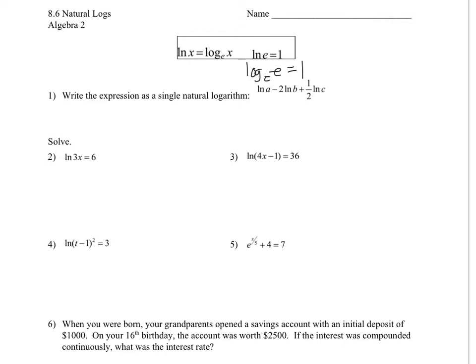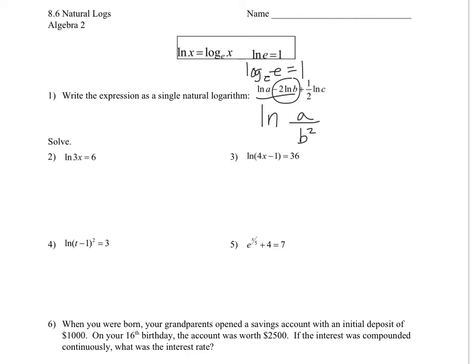So if you're going to write this as a single logarithm, this is the same thing as writing natural log of a is going to be your numerator because we're subtracting here, and b squared is going to be your denominator because there's a 2 out front, and then you're going to add 1/2 natural log of c.